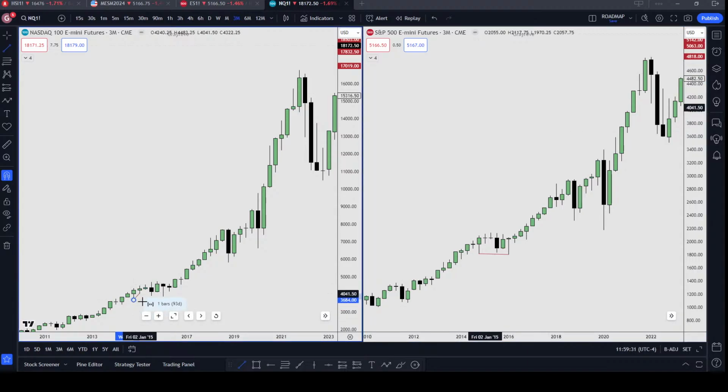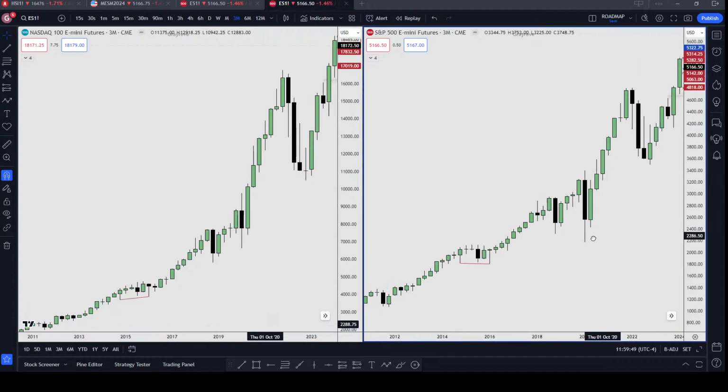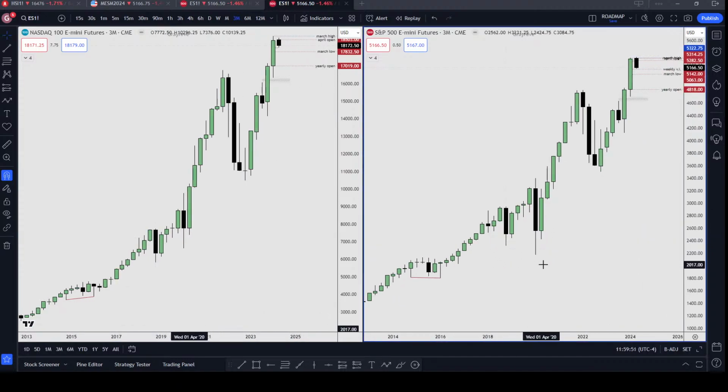Because it's not very clear here, I'm gonna mark it out for you. Higher highs on NQ, lower lows; higher lows on NQ, lower lows on ES. And then for the COVID, obviously you can see right here, higher lows for NQ, lower lows for ES. So this to me is a higher time frame SMT.